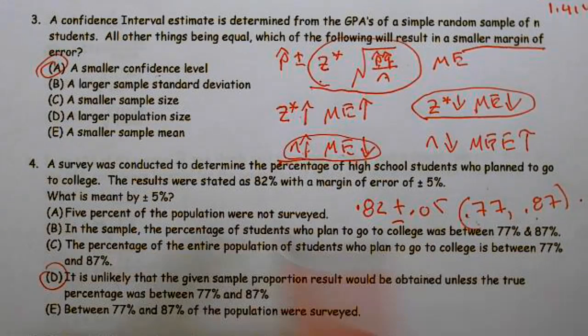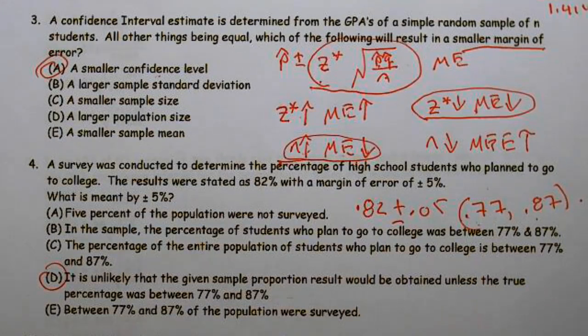In other words, they didn't tell us what our confidence level, but we'll just choose 95%. So we are 95% confident the true population proportion lies within here. So it's unlikely that it's something else. All right. And so that's what that best answer is.